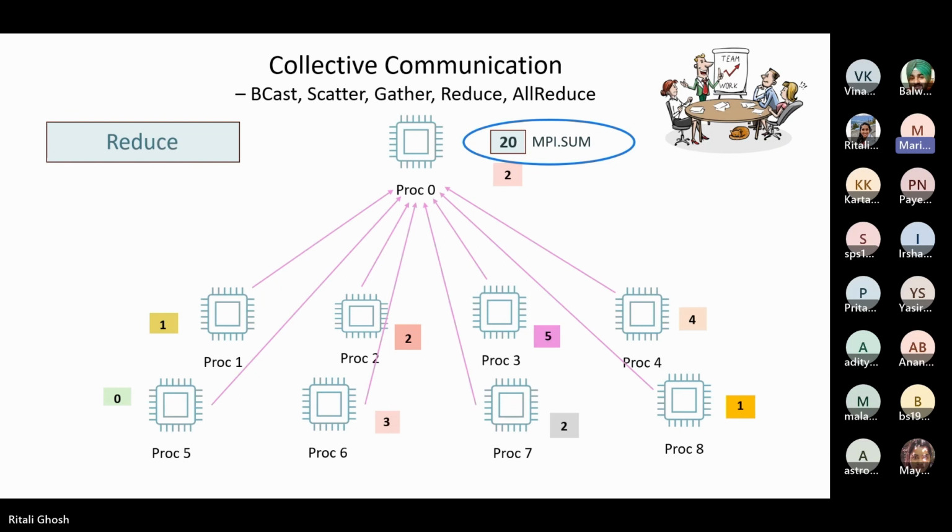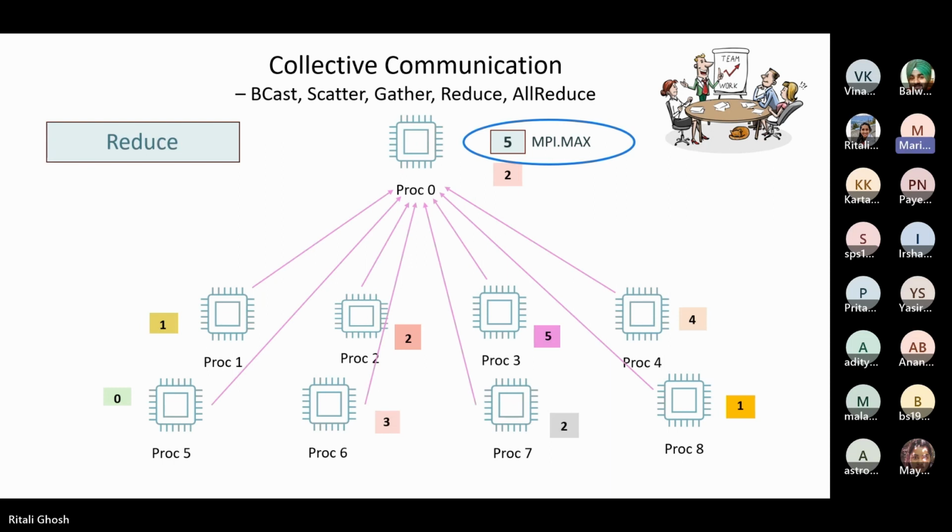So in a reduce operation, all these digits can be summed up and that value given to processor 0, with MPI.SUM as an argument. You can also try MPI.MAX, so the maximum of whatever is in there, or minimum. Then there are a bunch of other things. There are resources shared in this Git repository. At the end of it, you can find pages where all of these are listed, and whatever your code needs, you can do that.